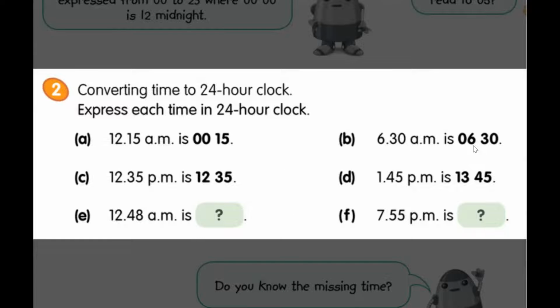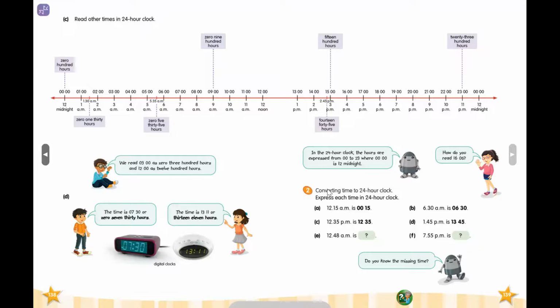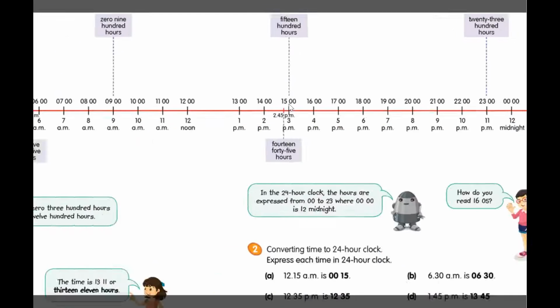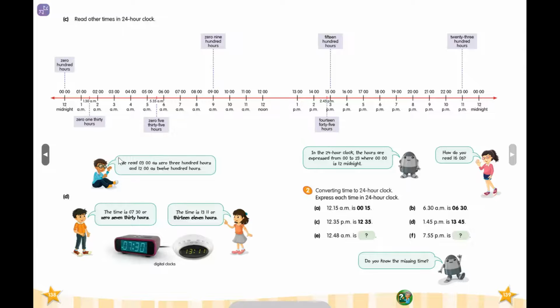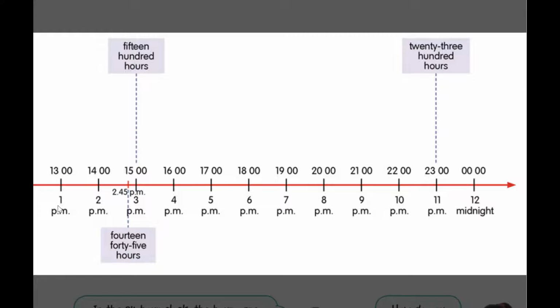Okay, how about this? 1345 hours. Okay, can or not? So 1500 hours. Can you see that from this partition here it is like 12 plus 1, 12 plus 2, 12 plus 3, 12 plus 4? Does it make sense?